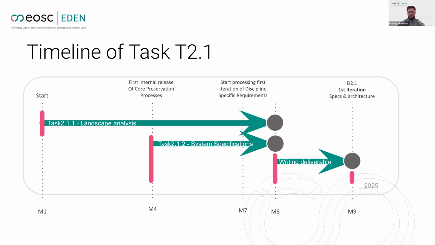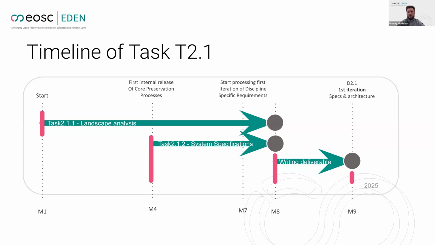The timeline of task 2.1 started at the beginning of the project, where we first started with just landscape analysis. So we tried to gather information about existing standard frameworks and practices, and we tried to construct it in a certain way. Then somewhere around month 4 of the project, the first internal release of the core preservation processes became available.